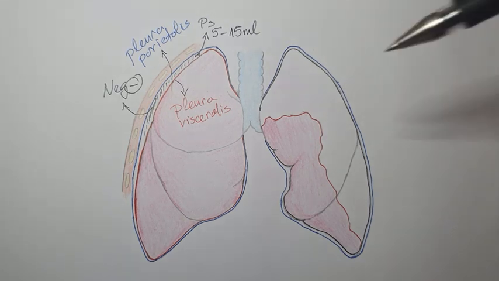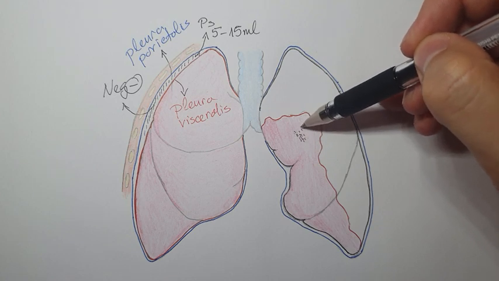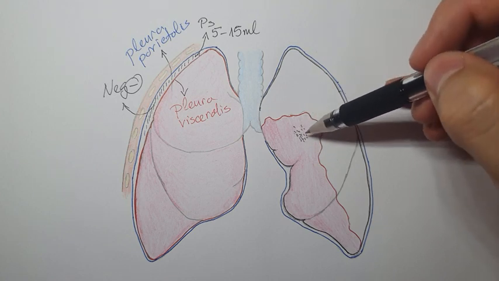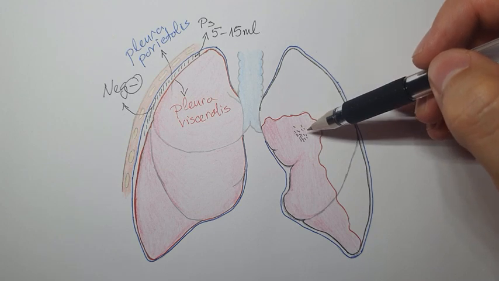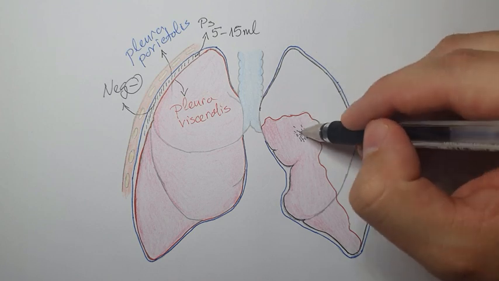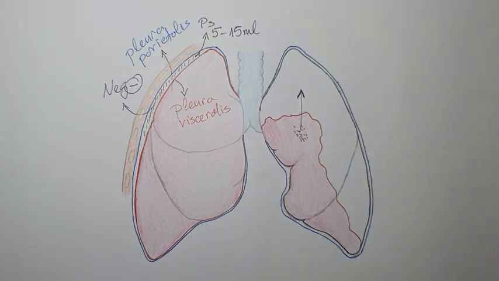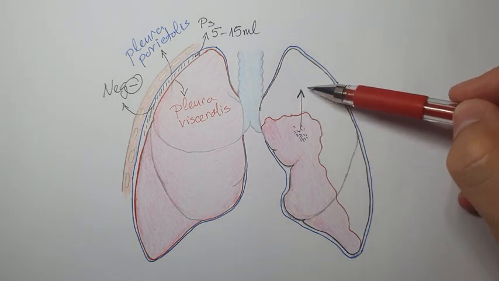But for example, there was a break in the lung tissue. Maybe the patient has lung disease, bronchiectasis, and these changed bronchi broke, and air entered into the pleural space.